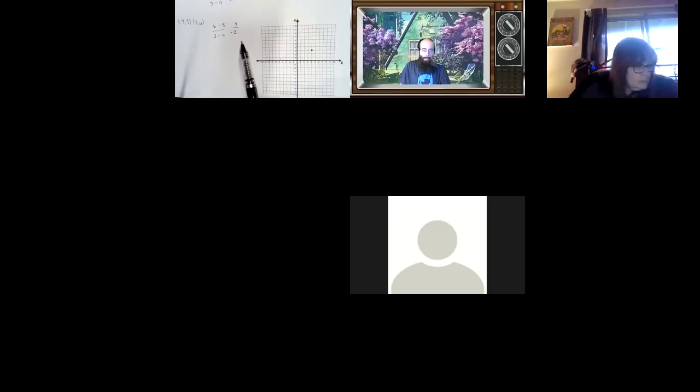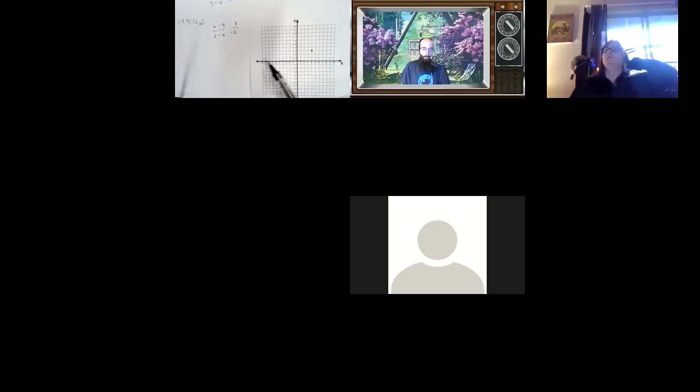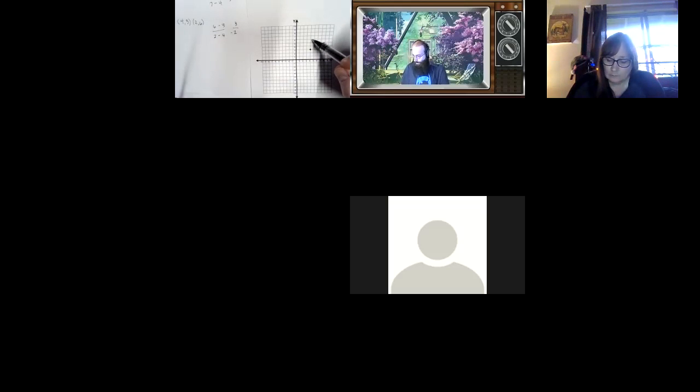So in this case, we're going to start with the 3. And notice I just put 1 coordinate. I ignored the second coordinate. I'm going to count 3 spaces up. So 1, 2, 3. And then I'm going to count 2 spaces to the left.